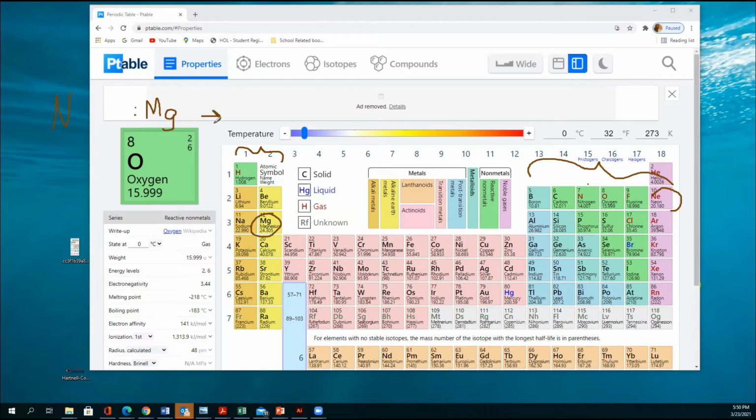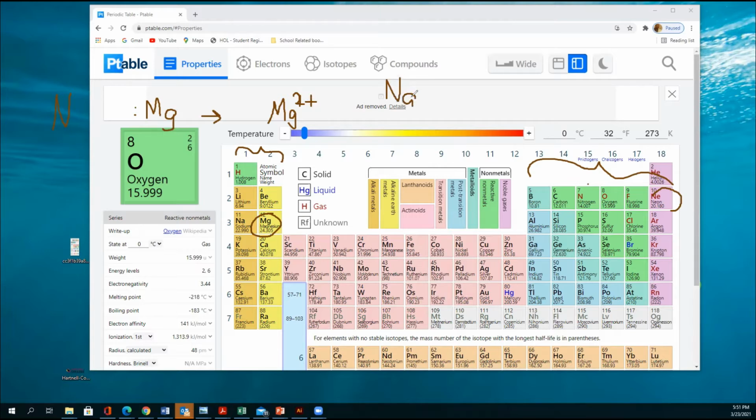If magnesium loses 2 electrons, it becomes Mg 2+. Because it's lost 2 electrons, it has more protons than electrons, giving it a +2 charge. Does that make sense? Yes.